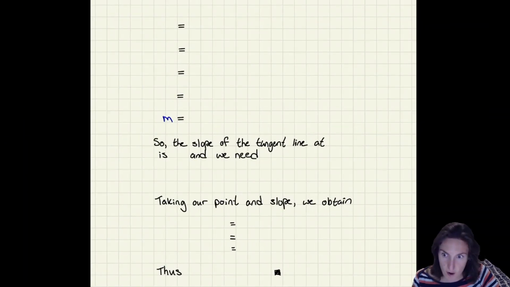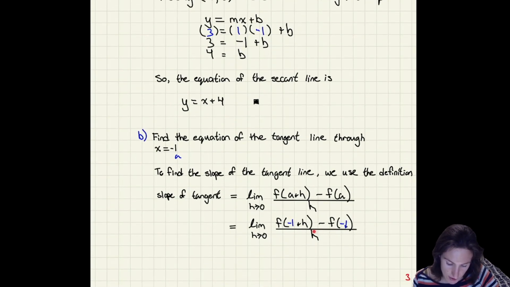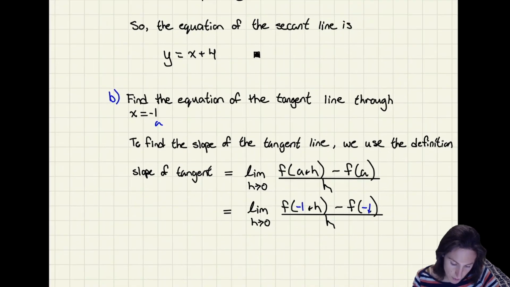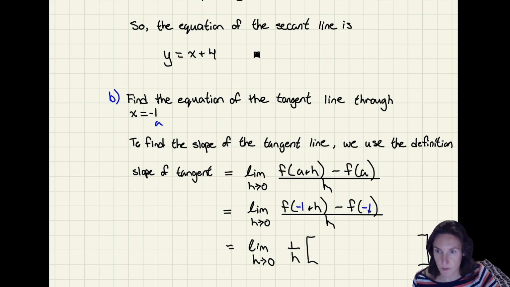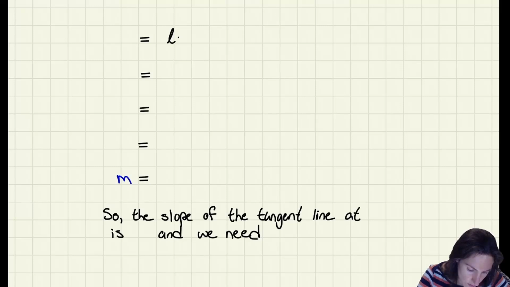Just a quick note about writing this: when I sub in these expressions, it looks a little bit cluttered. So what I'm personally going to do is write this as the limit as h goes to 0, and I'm going to write 1 over h, and then sub everything in here. You don't have to do this, it's totally up to you, but I find it a little bit easier if you get overwhelmed with the algebra.